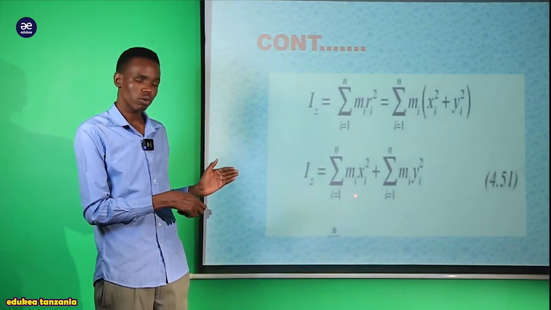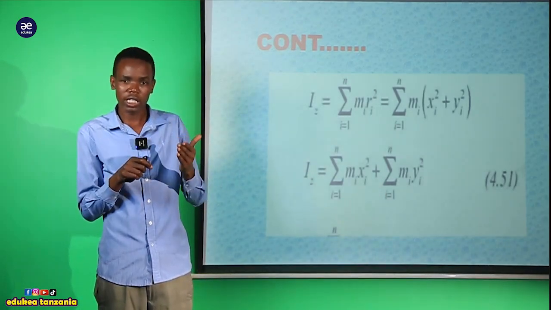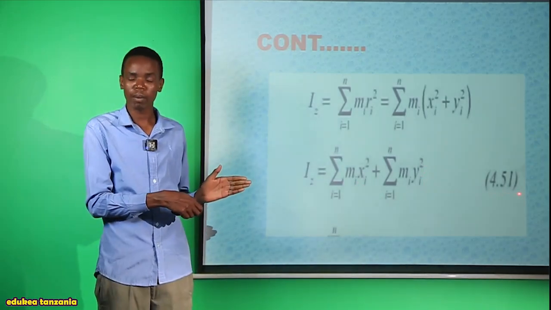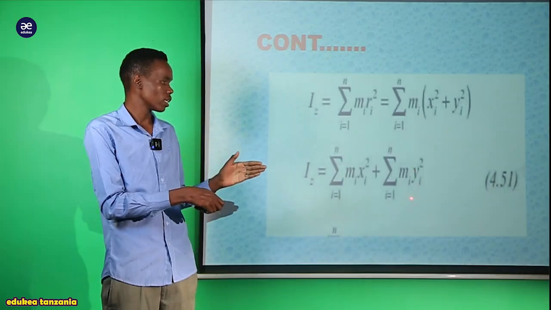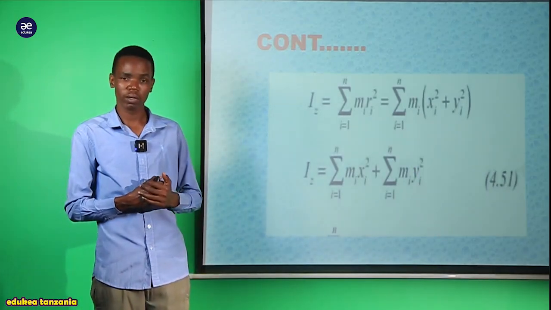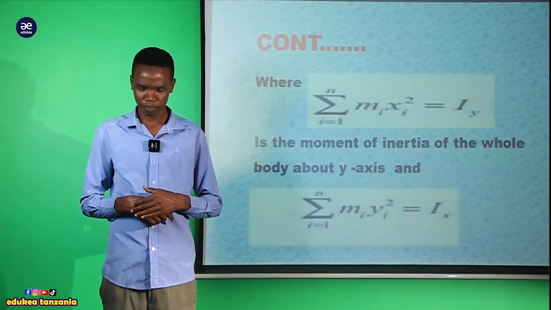So we could conclude by saying that the moment of inertia through the z axis is equal to the moment of inertia through the y axis, then we add the moment of inertia through the x axis. This will be our formula for obtaining the moment of inertia along the z axis.